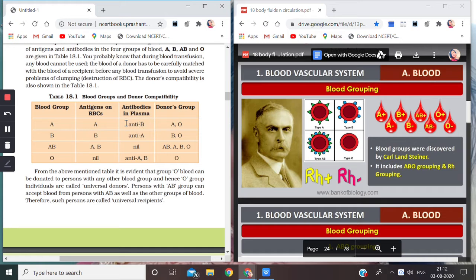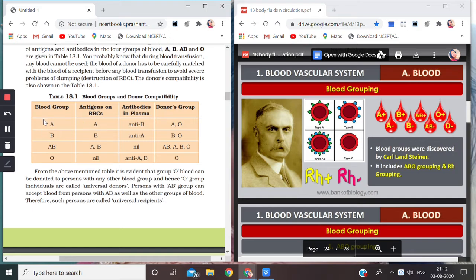Anti-B, that means it is against B. So this person can receive blood only from a person who has antigen A, or a person who does not have any kind of antigen. Please mark my words properly.